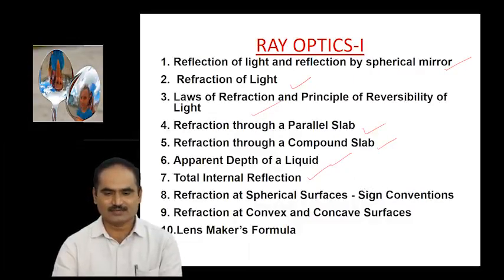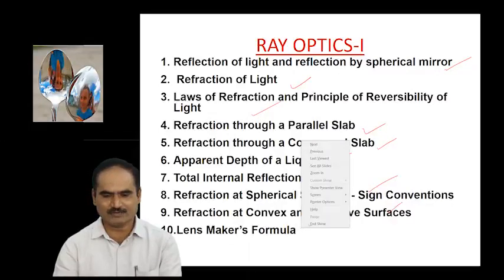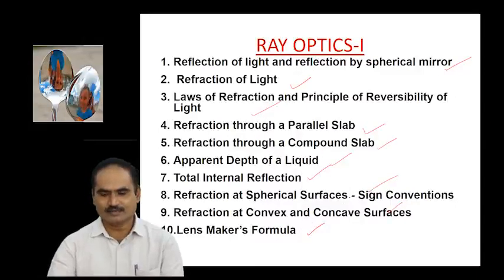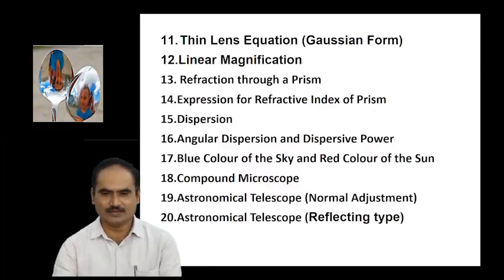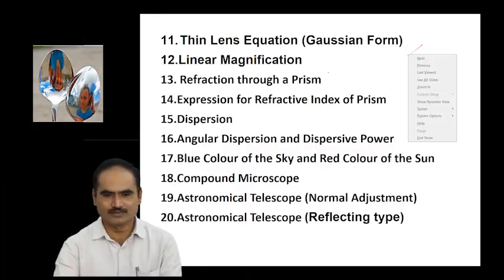Then refraction at spherical surfaces by considering some sign conventions, and the refraction at convex and concave surfaces. Then we are going to derive the lens maker formula. Then we are going to learn about the lens equation and linear magnification.